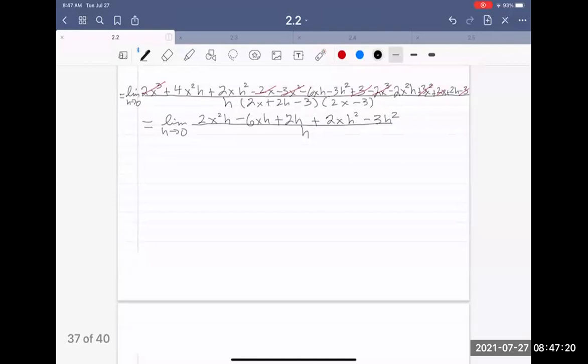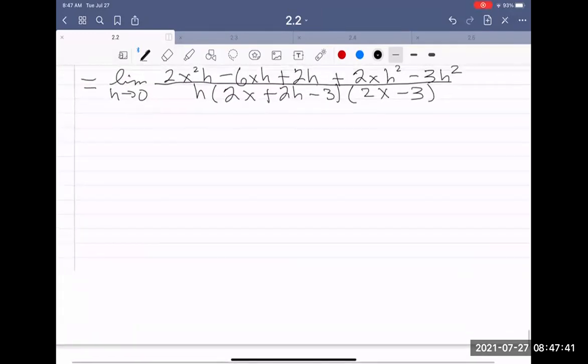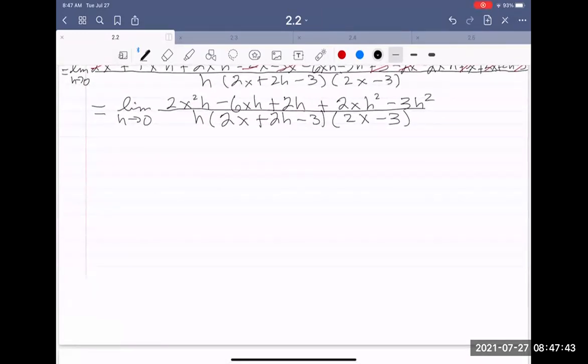So this is equal to h, 2x plus 2h minus 3, 2x minus 3. And I can factor out a h from the numerator. So let me do that.